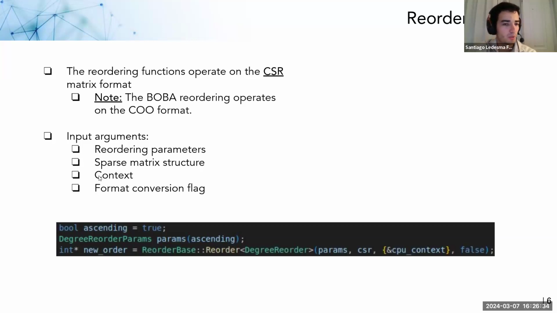Then we send the context. Our ordering algorithms always run on the CPU context. And then we have a format conversion flag that tells you if the input format should be converted to the necessary format. Since most algorithms operate on the CSR format, such as the degree ordering, here we don't need to convert the input format because it's already in the CSR format.